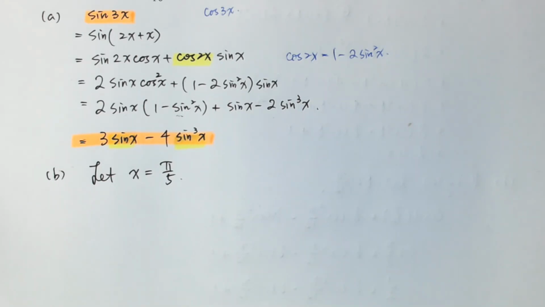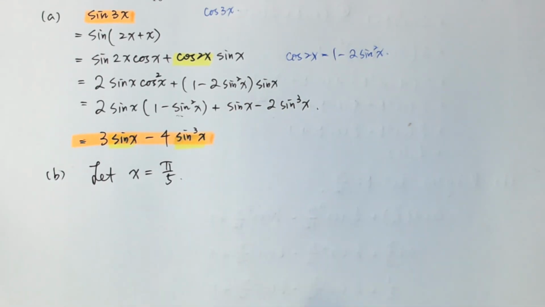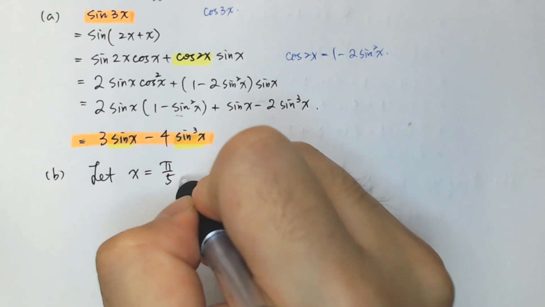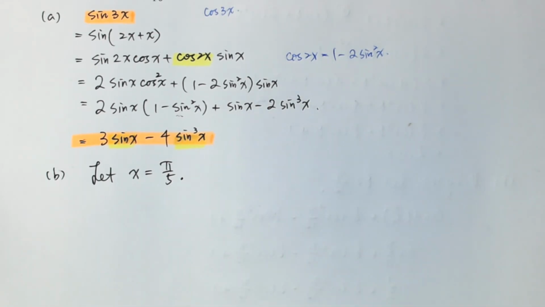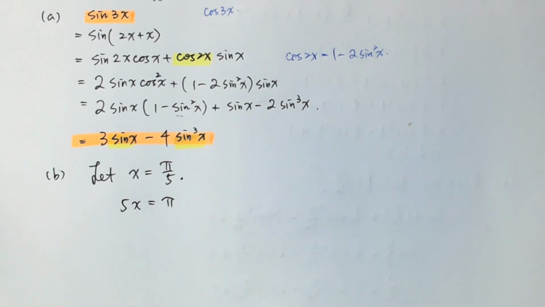And also I need to find something special with this number pi over 5. The special thing for this number is that 5x is pi, because we can do simplification related to pi, or even pi over 2, but here simply pi.